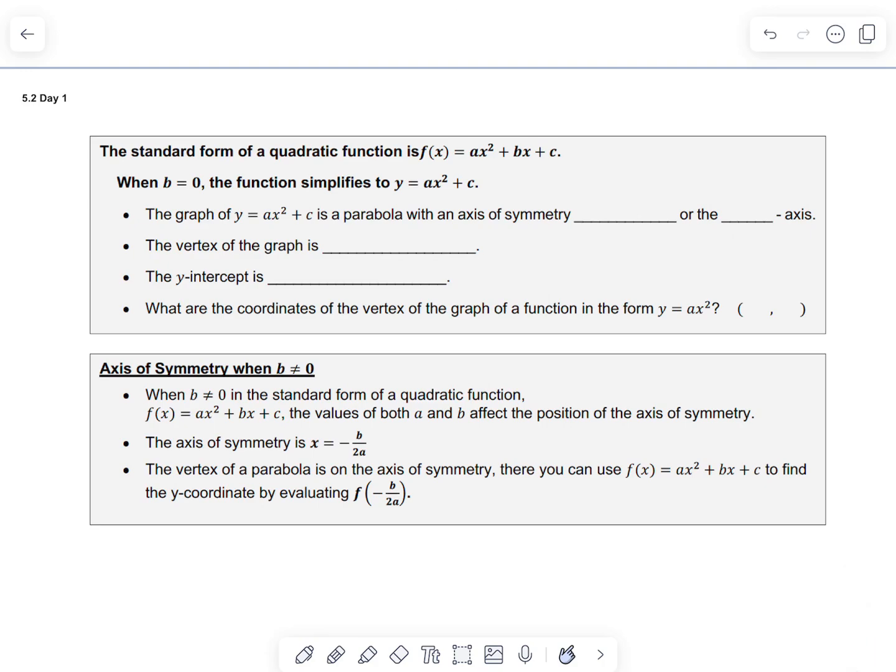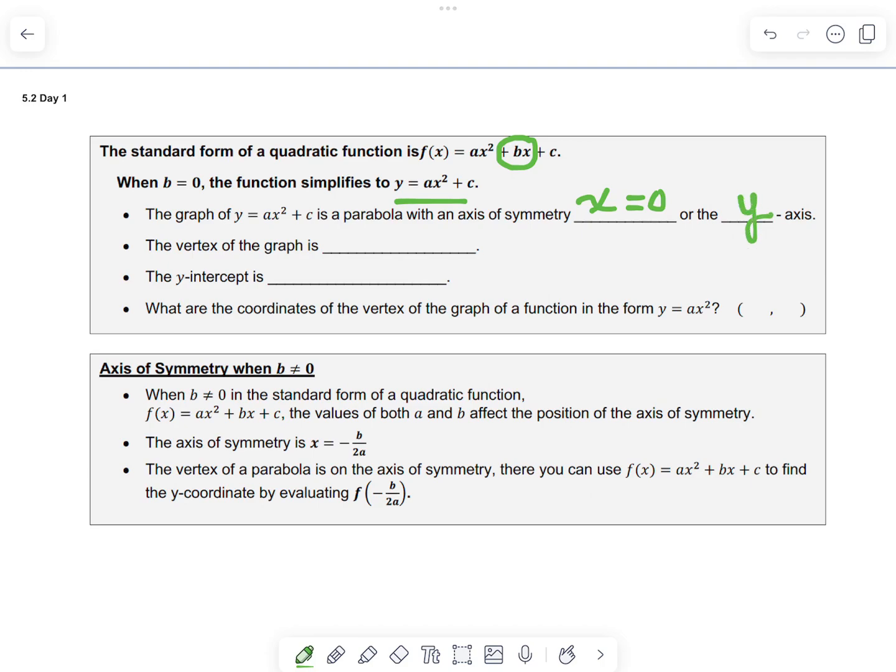So standard form of a quadratic function, when this b equals 0, it simplifies to y equals ax squared plus c. So where the line of symmetry will be is still at x equals 0. So still at the origin, or we call the y-axis.